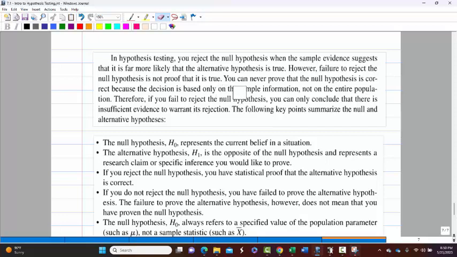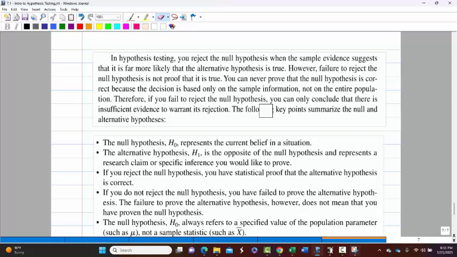So here is what I was talking about earlier. Failure to reject the null hypothesis is not proof that it's true. But if you reject, it's far more likely that the alternative is true. So therefore, if you fail to reject the null hypothesis, you can only conclude that there is insufficient evidence to warrant its rejection.